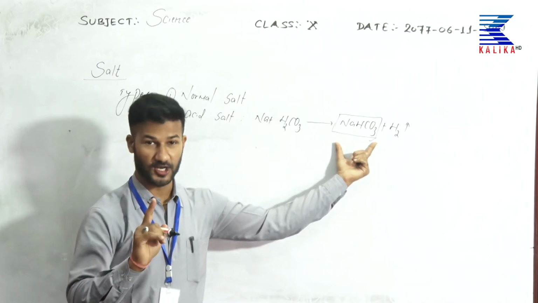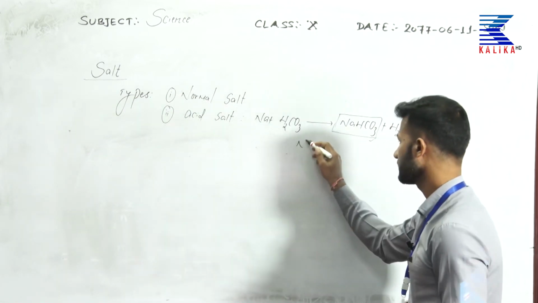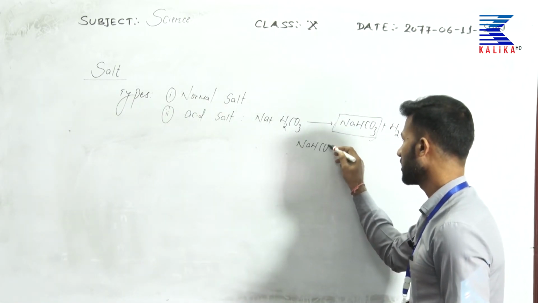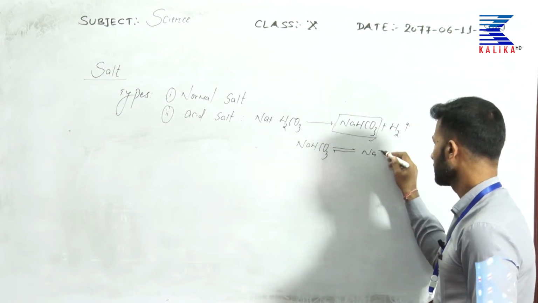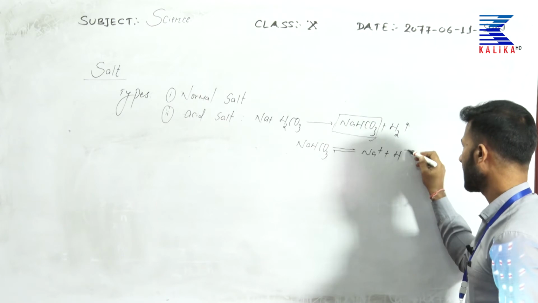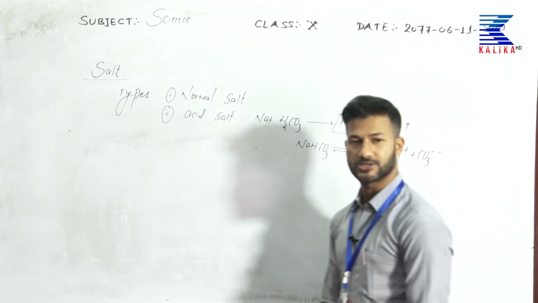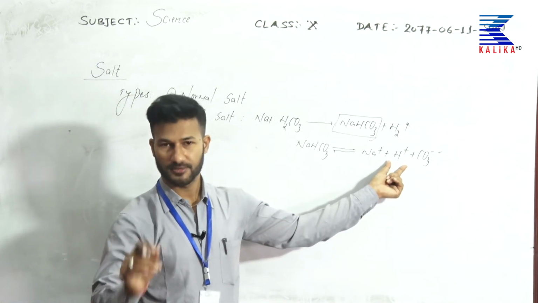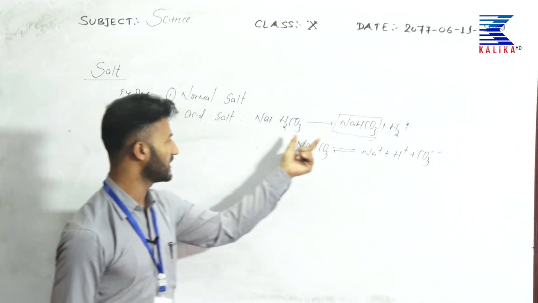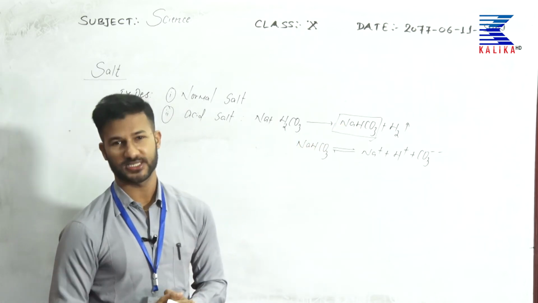I said already, when this acid salt is dissolved in water, it releases hydrogen ion exactly in the same way acid releases. Means it shows acidic property. That is why it is called acid salt. Sodium bicarbonate is acid salt.